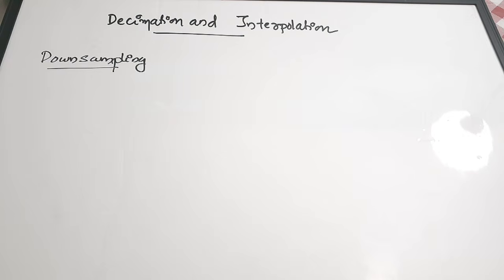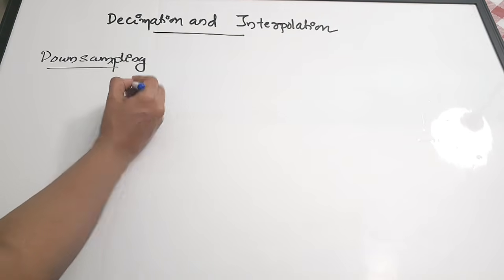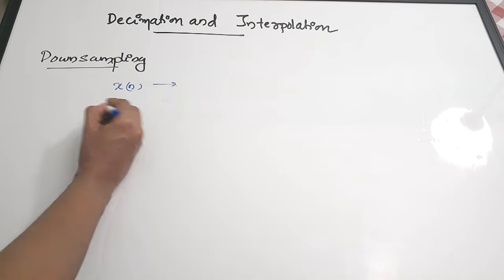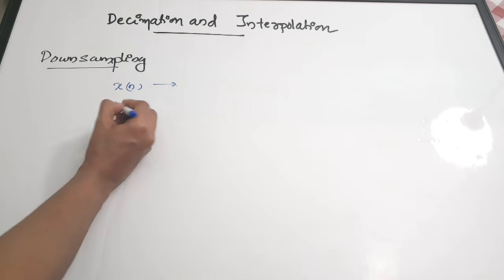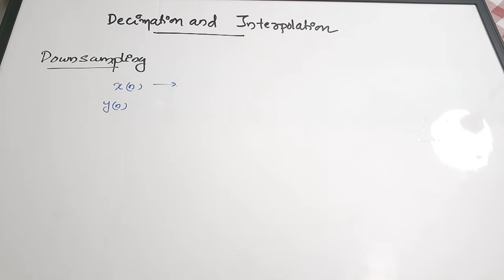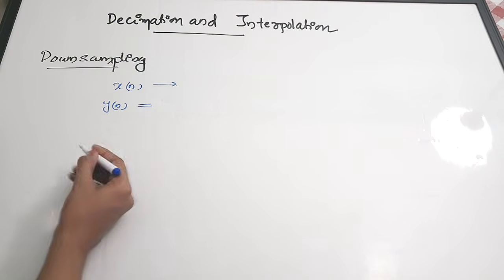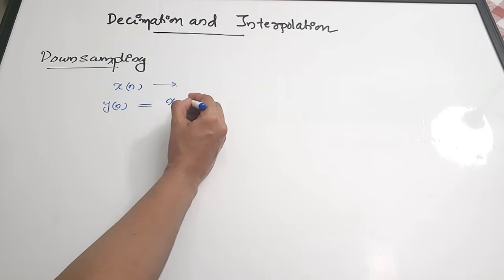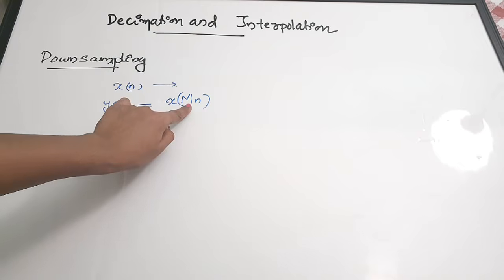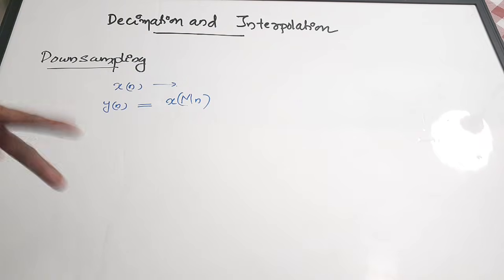Downsampling means we are going to reduce the number of samples, or reduce the sampling rate. Now consider that x of n is your input data and y of n is your output data. If we are performing downsampling, we write y of n equal to x of Mn, where M is the downsampling rate.